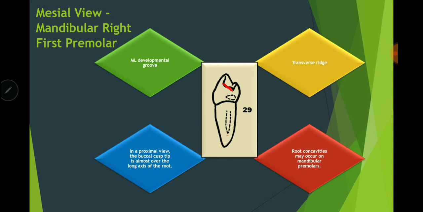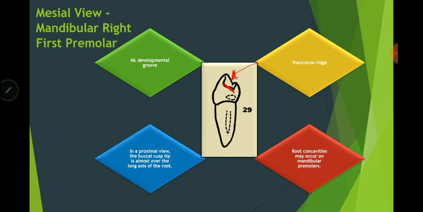So the dotted lines show depressions, or concavities. So the mesiolingual developmental groove is seen right here. You do have a transverse ridge, so this is a transverse ridge.